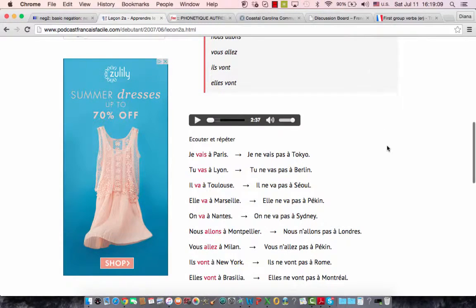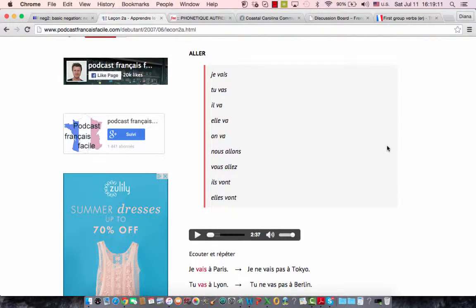In its origin, the verb aller means to go, and it's an irregular verb, and therefore also an auxiliary verb. It helps create another tense, and that is futur proche, the near future. But for now, let's focus on the use of the verb aller in present tense and its forms.